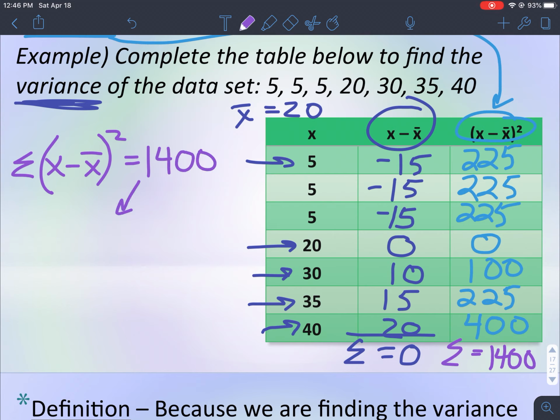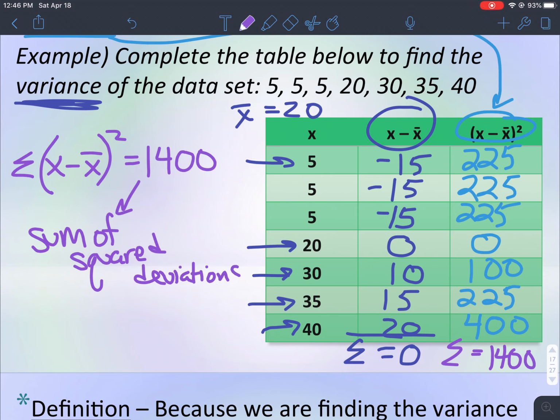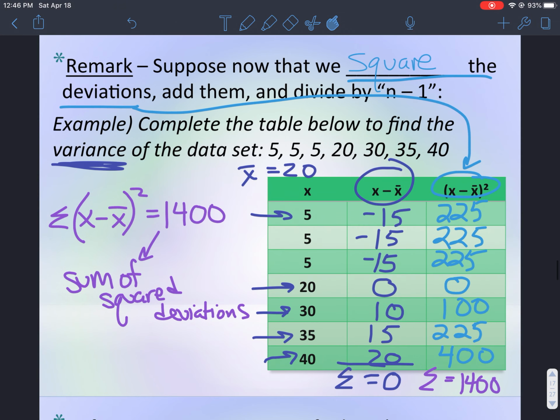This is the sum of squared deviations. You're going to understand why we're doing that in a second. But just know that we have the range, the deviations from the mean, and then the squared deviations from the mean.